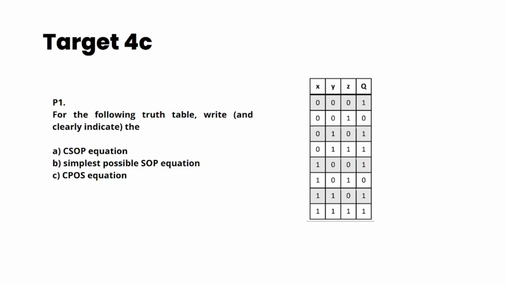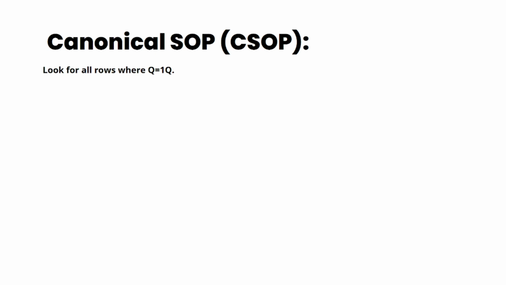After that we are moving towards our second portion. Here is the truth table section. For this given table we are going to find the CSOP equation, the simplest possible SOP equation and the CPOS equation. First of all we are moving towards the CSOP equation. In this equation, first of all, we will look for all rows where Q is equal to 1.